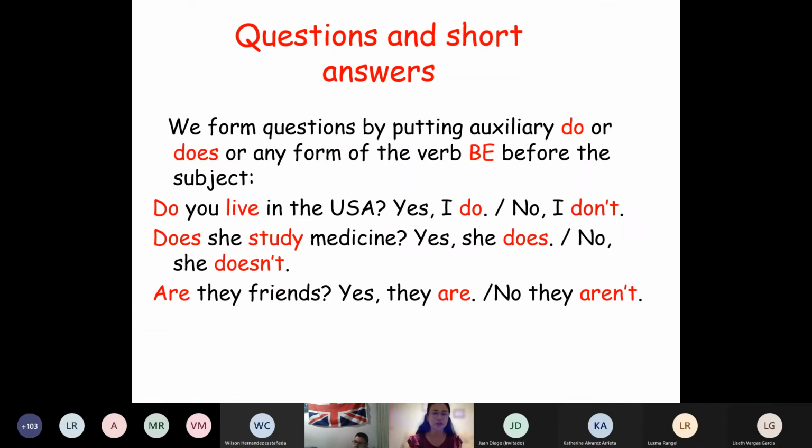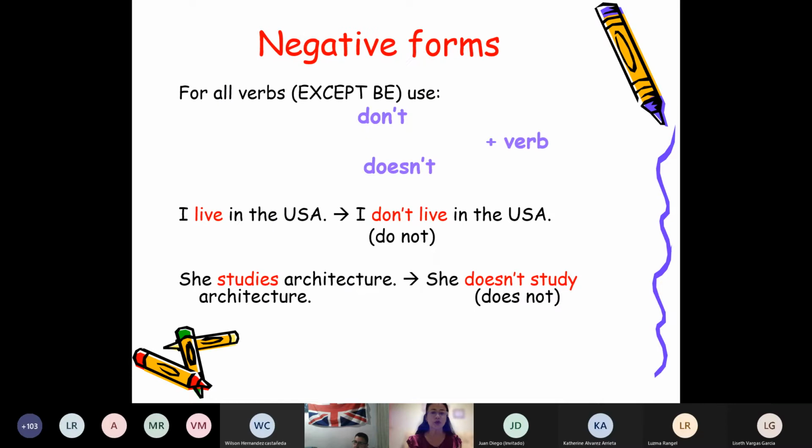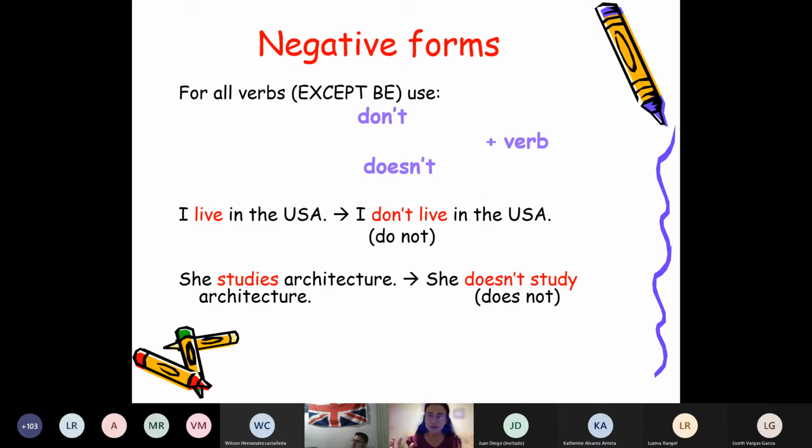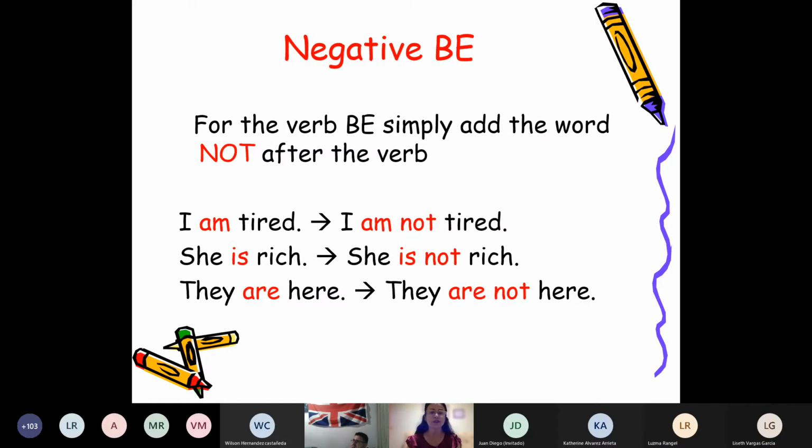And then later we are going to do some examples. So the present simple is different with the verb to be, but with other verbs you use the auxiliary do or does, okay? With the verb to be, the affirmative sentence is am, is, are, and the negative is I am not, is not, or they are not.